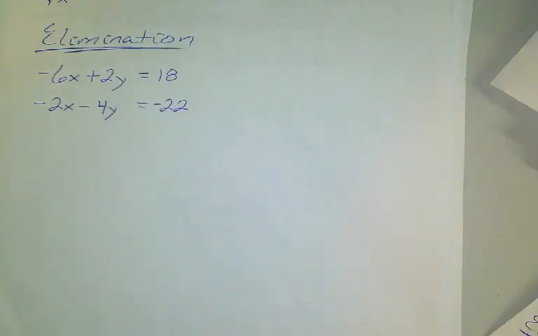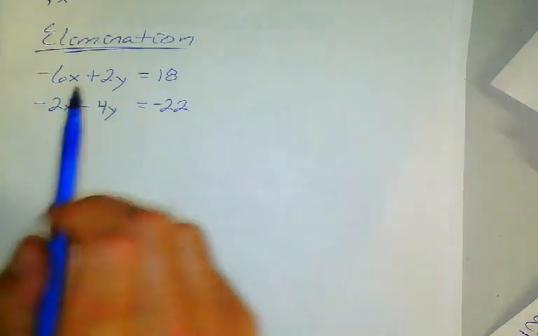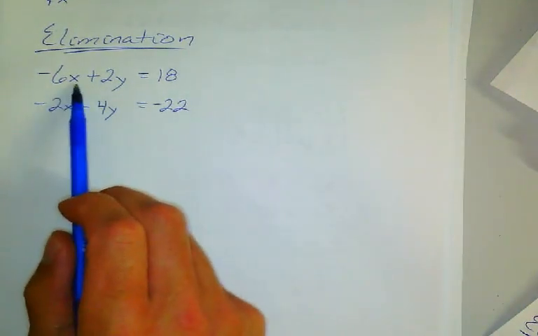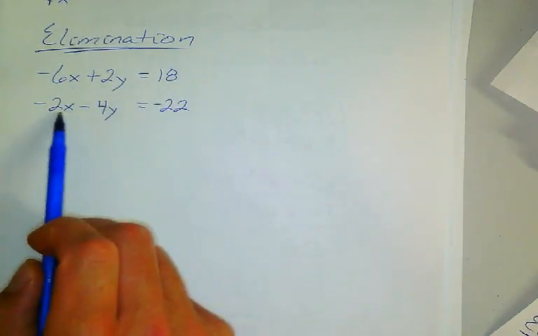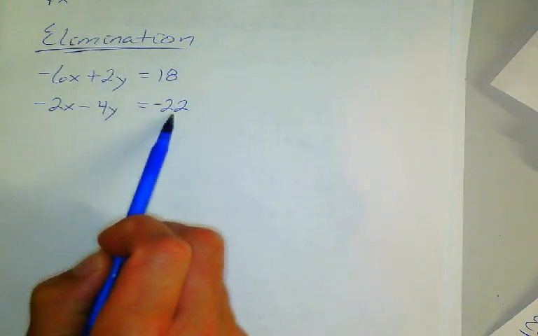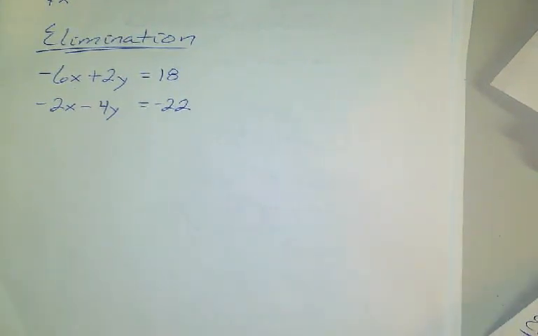So the first thing we need to get is opposites. Now sometimes your equations will already have opposites, but in this case they don't. I have negative 6x plus 2y equals 18, and negative 2x minus 4y equals negative 22. I don't have opposites yet.